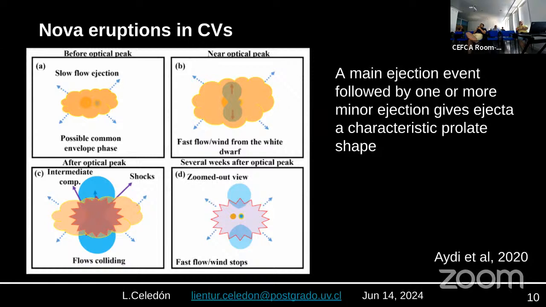These successive ejections will be caused by secondary eruptions within the white dwarf or by a continuous wind from it. Eventually, whatever the case, the ejected material will be frozen because there will be no more ejection from the system. And we have this particular shape that we can see here, basically a bipolar outflow with material in the equator of the system and material leaving in the polar outflows.